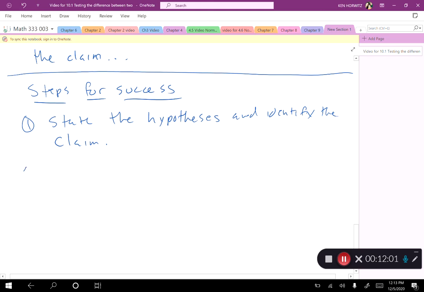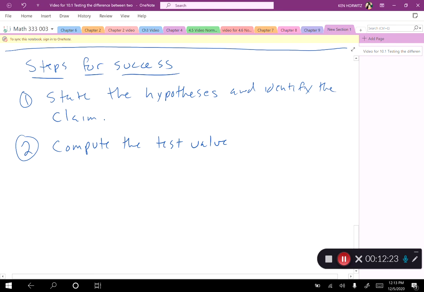All right. Now we're going to break off. Now it's going to be compute the test value. The formula doesn't change. The same exact formula we used in the prior example is the formula you're going to use to compute the test value.